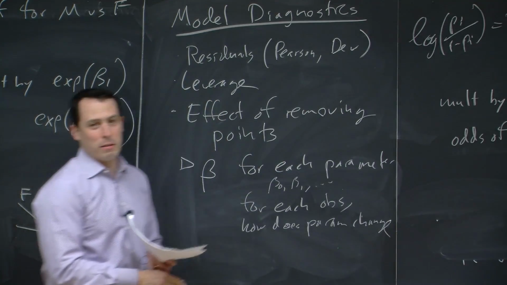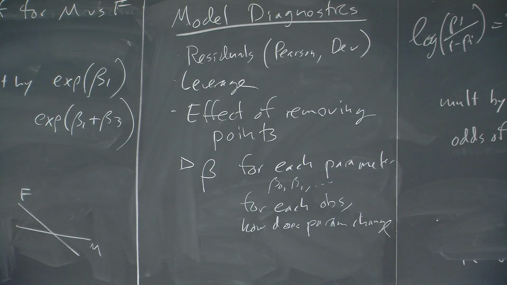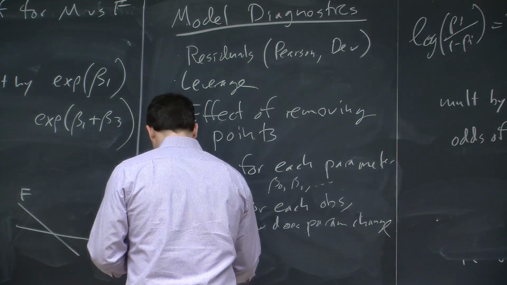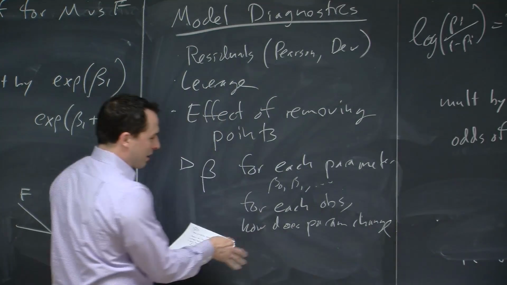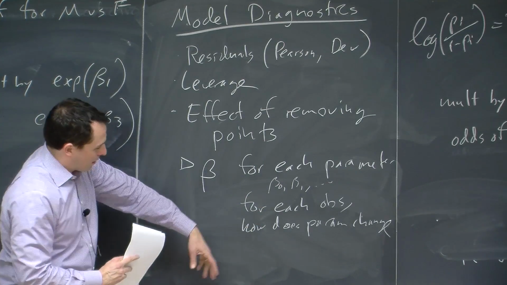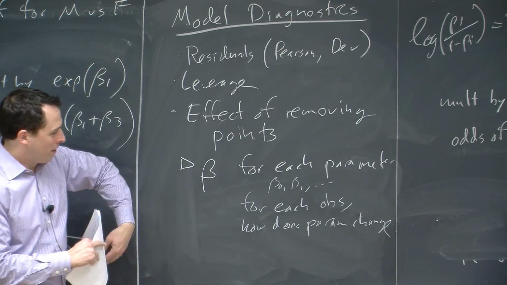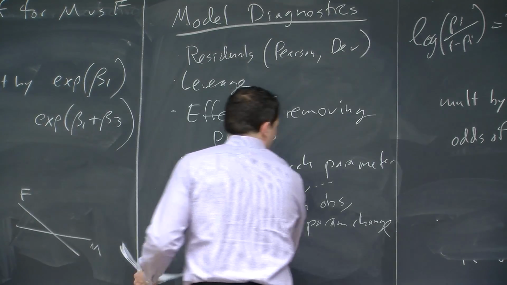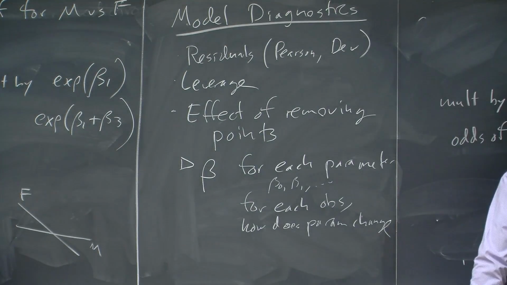Maybe in the Donner Party there was one person who was 400 years old, and that's just messing up everything. Obviously, if you have a lot of parameters, this is going to produce a lot of numbers. It makes more sense when there are only a few parameters.